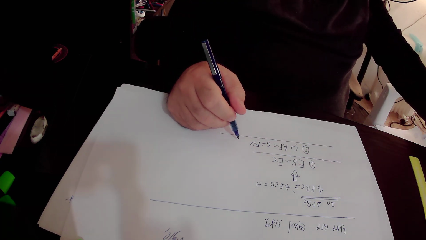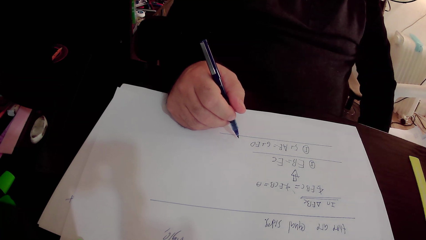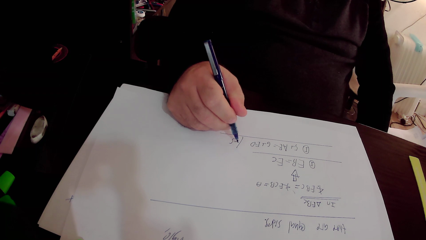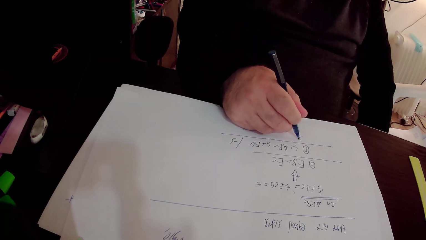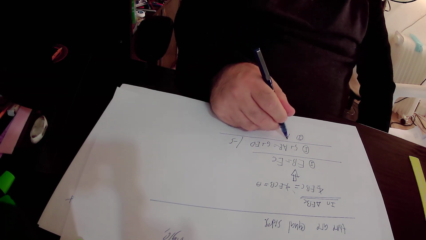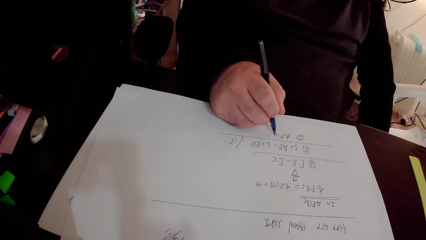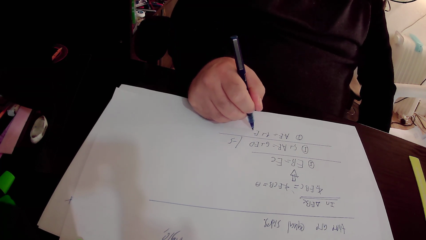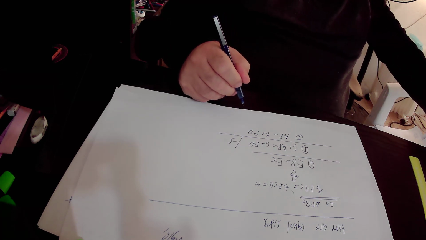Here we will subtract 5 from equation number 1, and we get that according to equation number 1, AE equals 1 plus ED.